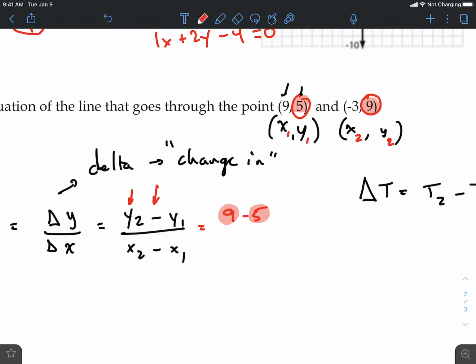And then on the bottom, going to do the x's. -3, take away 9. Okay, you just do the math on it. That tells you your slope. Whatever it comes out to be is what it comes out to be.